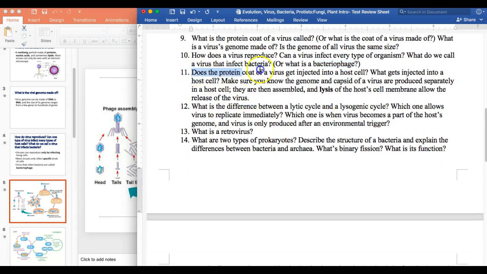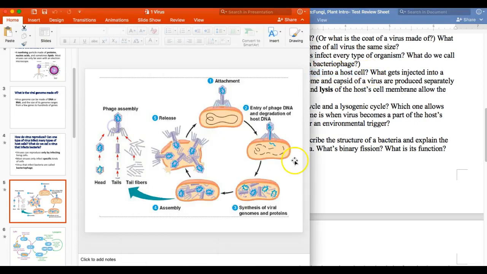Next one, does the protein coat of a virus get injected into a host cell? As you can see in this picture, the protein coat itself actually doesn't get injected. The DNA or the RNA gets into the host, and then the DNA or RNA serves as an instruction for how to make more of the DNA or RNA genome for the virus. It also serves as an instruction on how to make more proteins, how to make the protein coat.